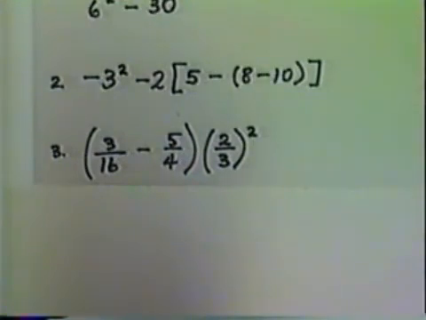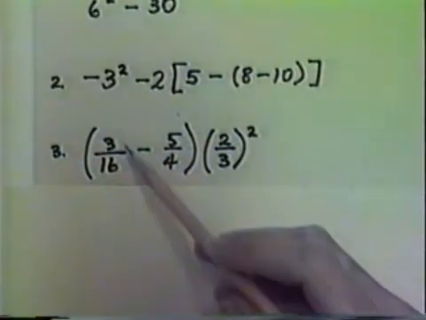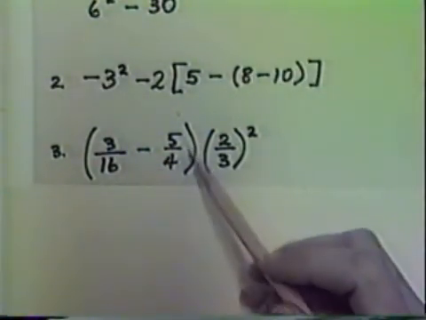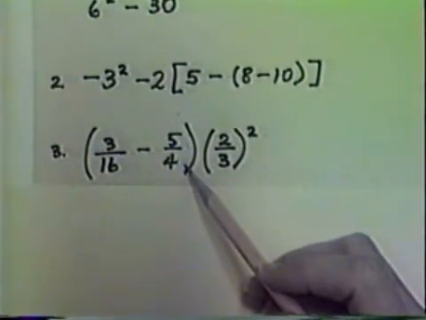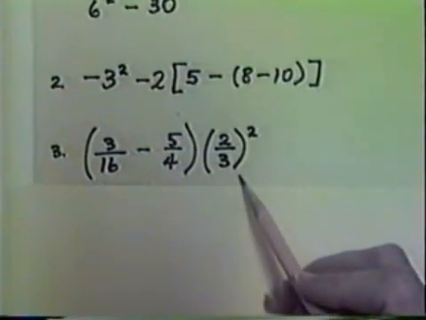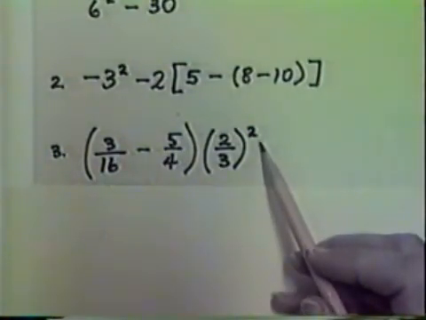Exercise 3, in parentheses, 3/16, subtract 5/4. In a second set of parentheses, 2/3. Outside that second set of parentheses, exponent 2.